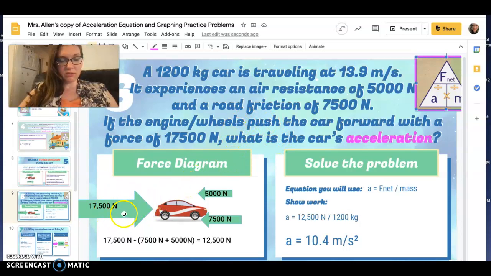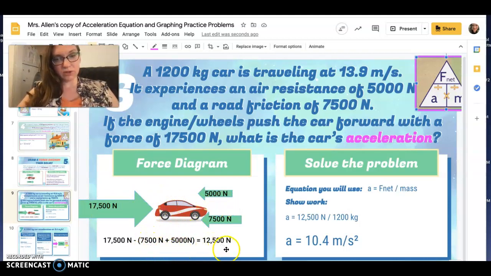So, the force diagram looks like this. I have air resistance, 5,000 newtons, and road friction, 7,500 newtons, going in this direction. And then I have an applied force from the engine and the wheels of 17,500 newtons in this direction.